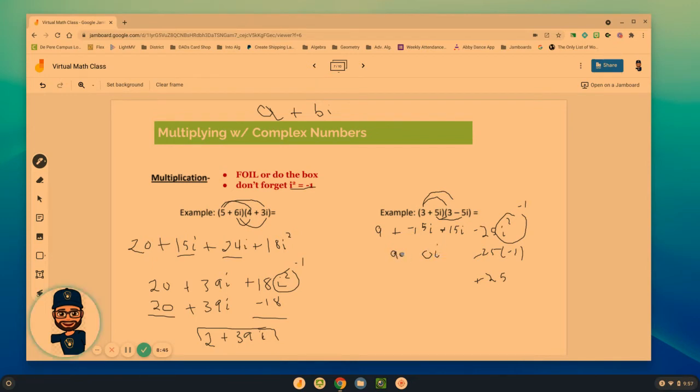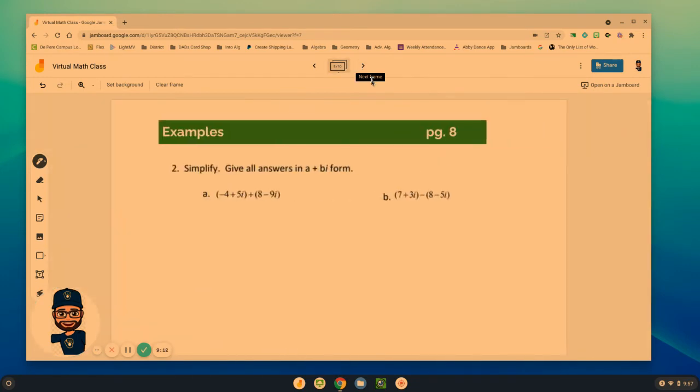And we have 9 out front, or 9 plus 25, which becomes 34. So again, a couple pieces eliminate there. So I'm treating i almost as if it's an x, as if its own variable, until I get to the end, where if I notice I have an i squared, I can substitute that negative 1 in there.